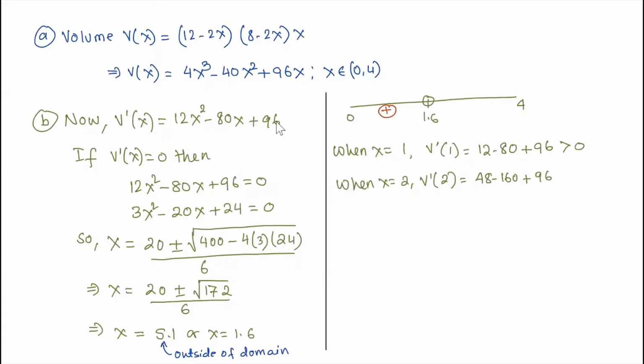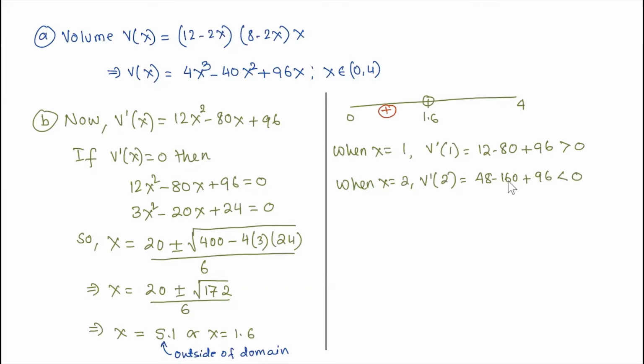If you simplify this, you can quickly add the positive values, 48 plus 96 is 144. 144 minus 160 is negative 16. So it is less than 0, a negative value.